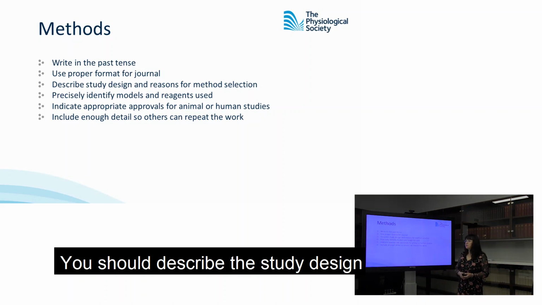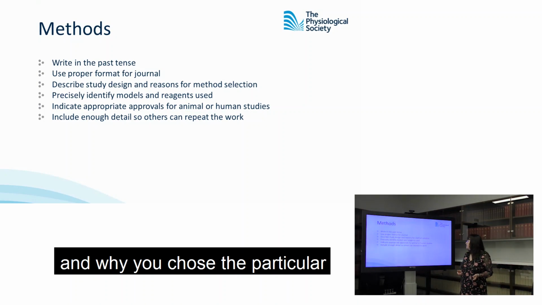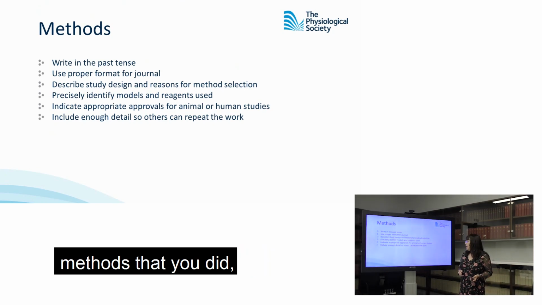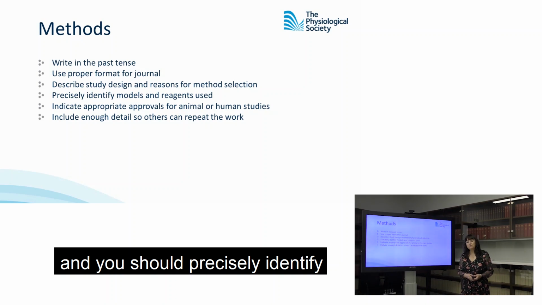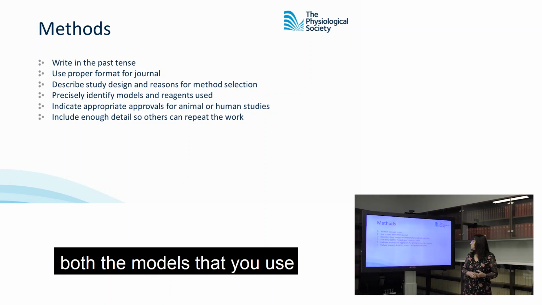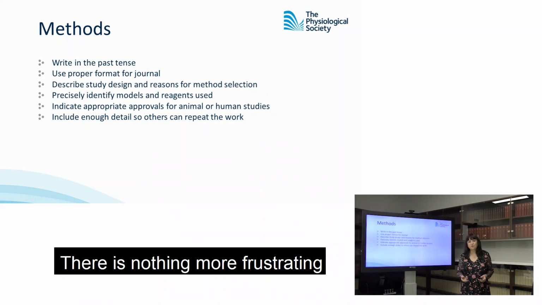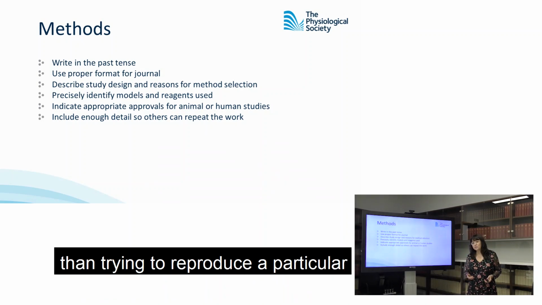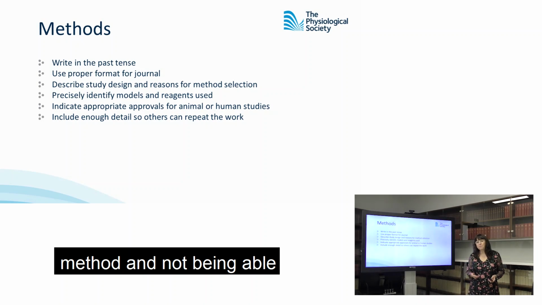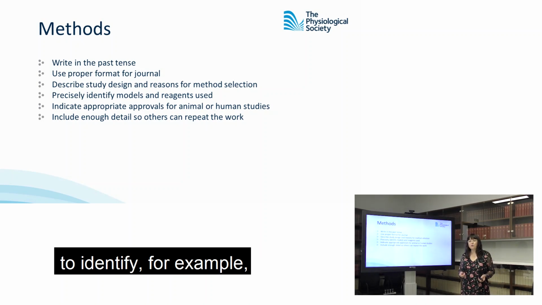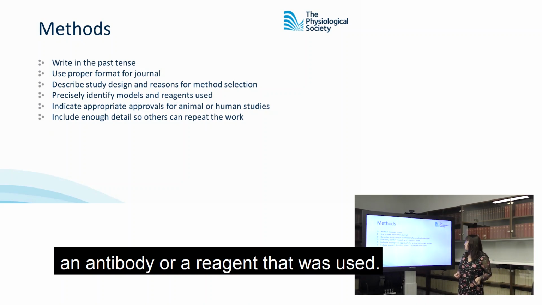You should describe the study design and why you chose the particular methods that you did. And you should precisely identify both the models that you used and any reagents that you've used. There is nothing more frustrating than trying to reproduce a particular method and not being able to identify, for example, an antibody or a reagent that was used.